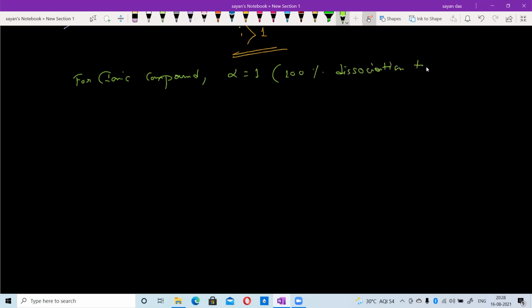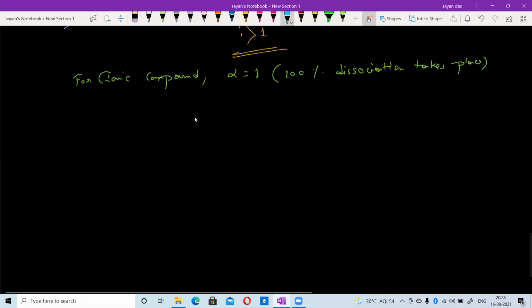Okay, always remember for ionic compounds, in most cases the alpha value is taken as 1. That means 100% dissociation takes place. Okay.